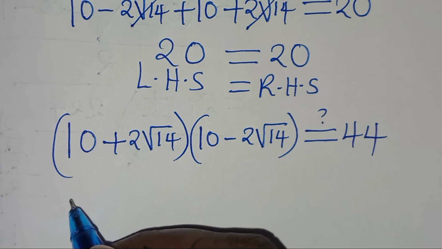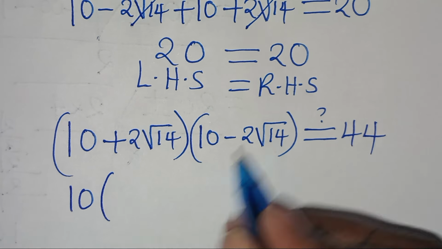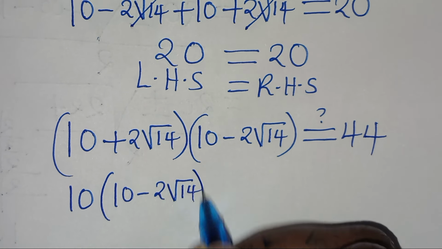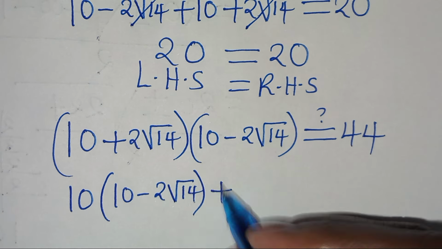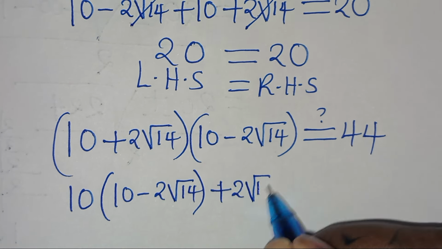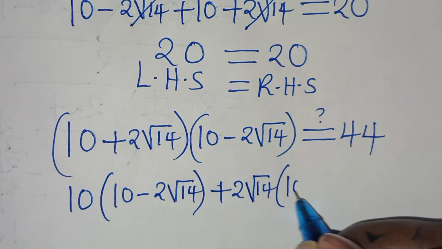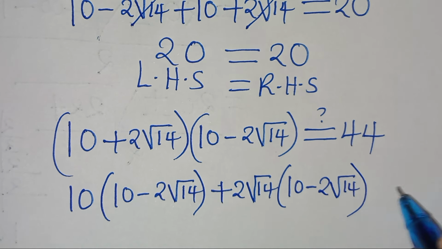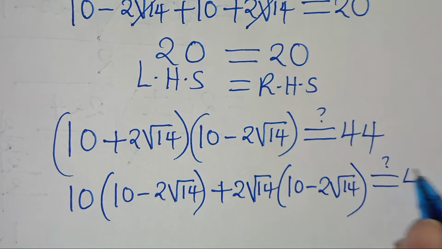So we have 10 multiplied by 10 minus 2 square root of 14, then plus 2 square root of 14 multiplied by 10 minus 2 square root of 14. This is supposed to give us a value of 44.